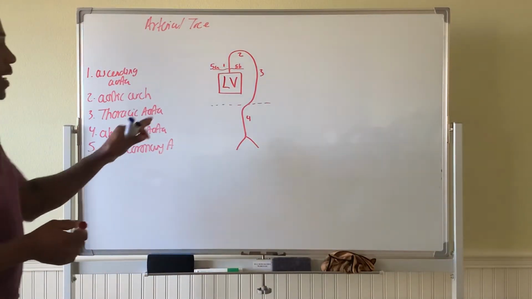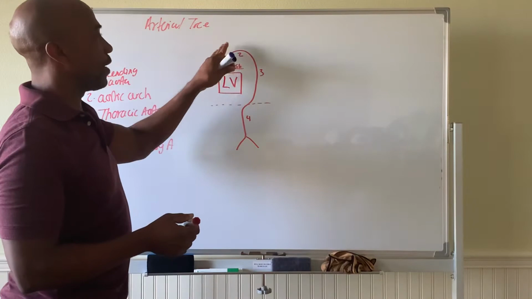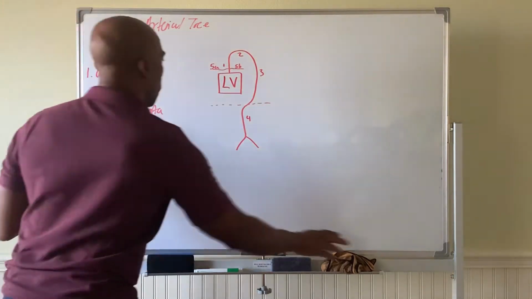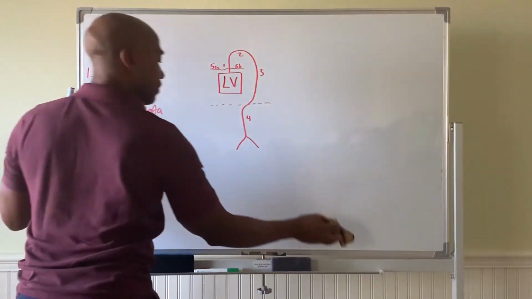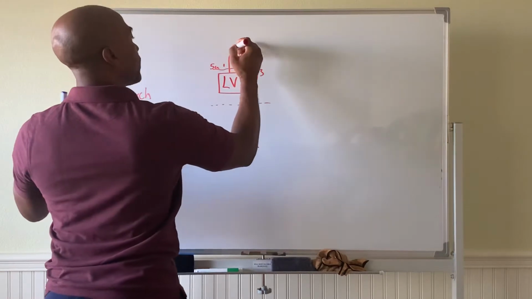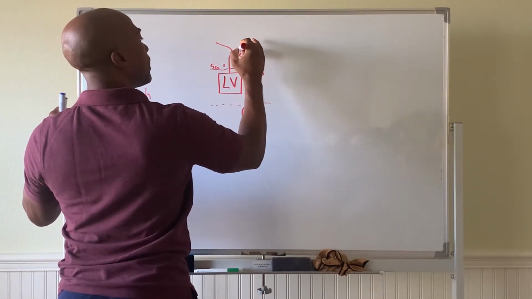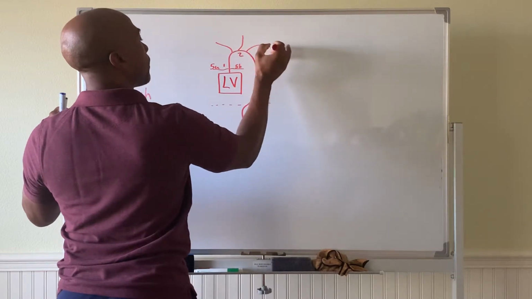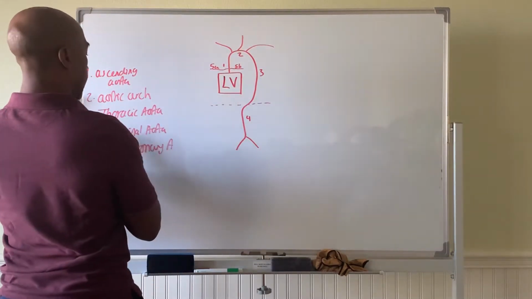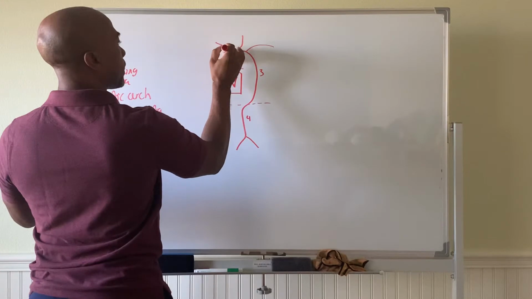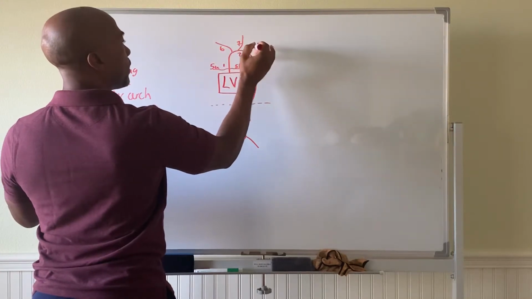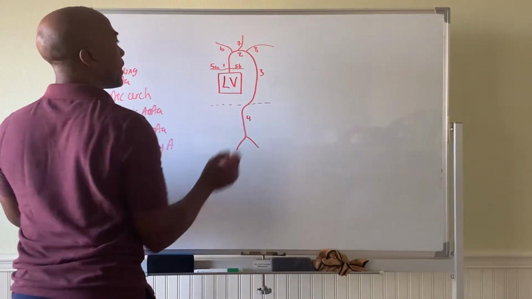Now the aortic arch provides some branches there. Let's look at those. So the arch gives off 3 branches, 1 to the right side and 2 to the left, like so, okay? So let's call these 6, 7, and 8.